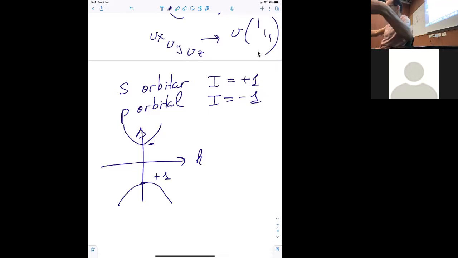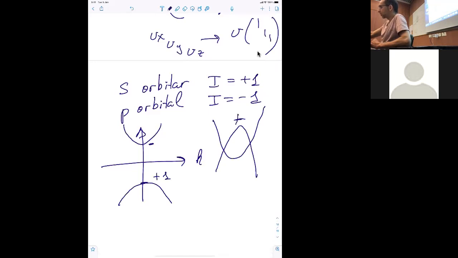And now, if you manage, by changing something, don't ask me what, to invert those states, such that you push up states that belong to s orbitals and lower states that belong to p orbitals, then necessarily we will get crossing points.